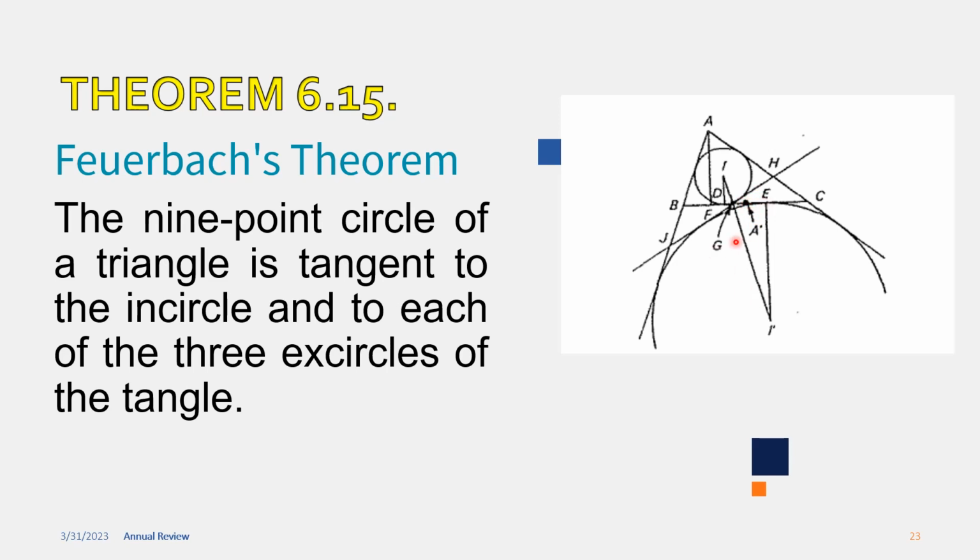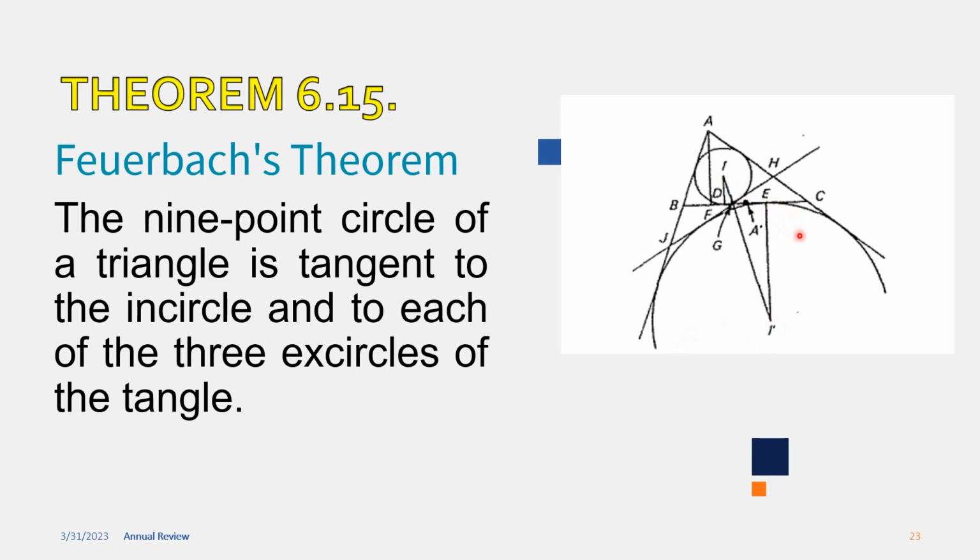So if ID, the radius of the smaller circle, and IE, also the radius of the bigger circle, are perpendicular to BC, it creates 90 degrees. So BEI prime is a right angle, and A prime is also the midpoint of DE.